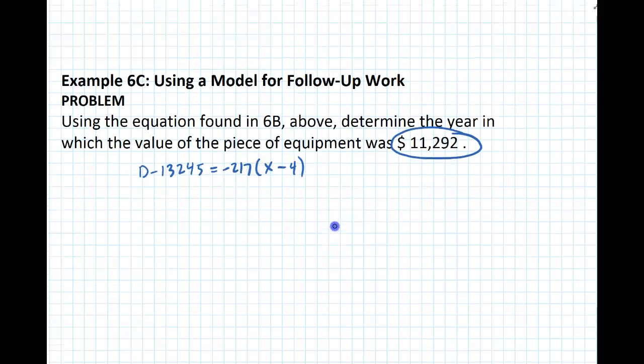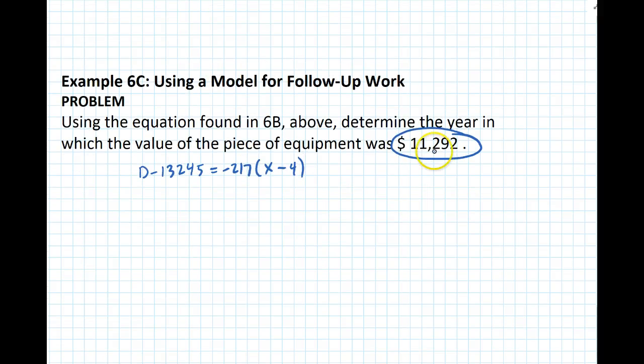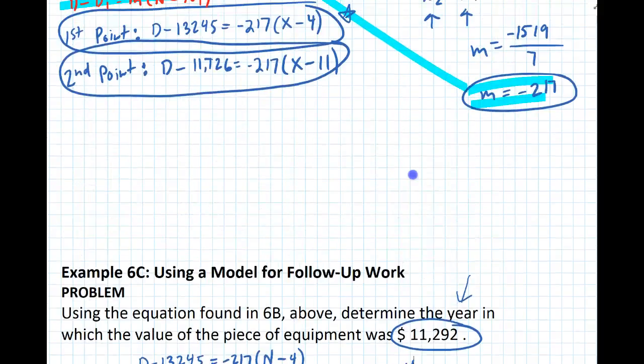Alright, so we're going to use this equation. So we need to know, oh, this shouldn't be x, it should be n. We need to know that d represents the dollar amount. Okay, so that's going to go there. Determine the year. So that's going to involve n.